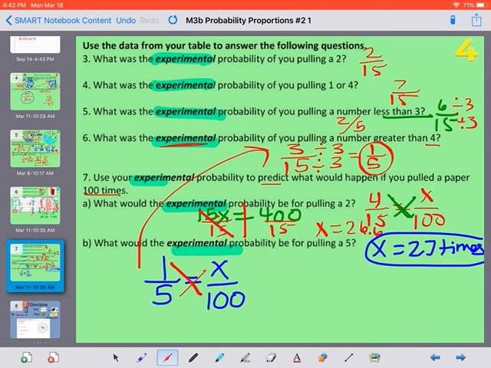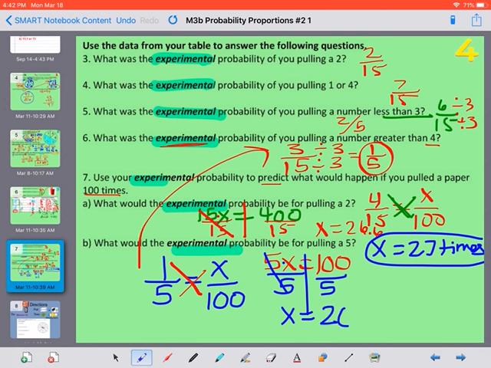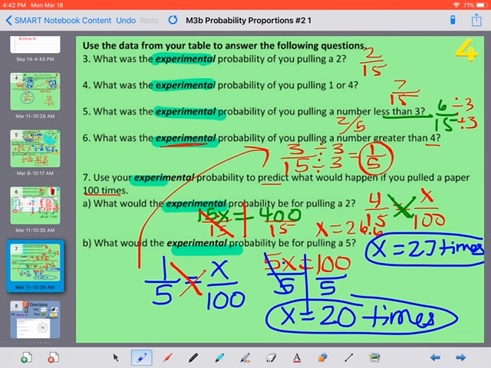You're just working with bigger numbers. 5 times x is 5x. 1 times 100 is 100. And then the opposite of multiplying is divide. So we get x equals 20. So 20 times we should pull out a 5 from the cup of numbers.